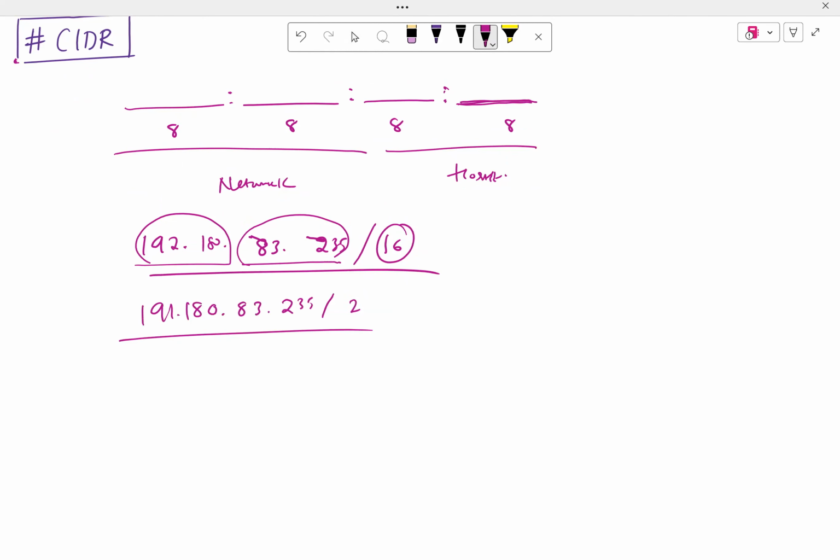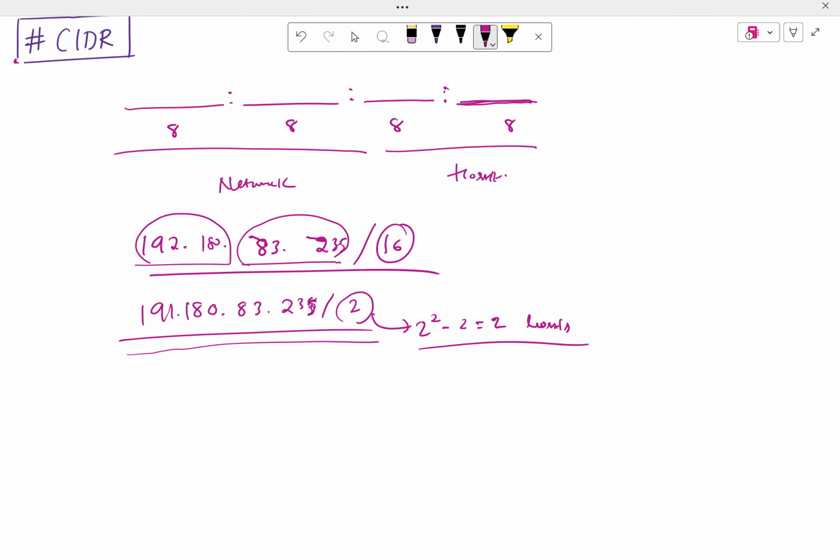That means in your network there will be only a total of 2 to the power 2 minus 2, that is 2 hosts. If you know that there are only 2 hosts in your system, you can get an IP address that looks like this.